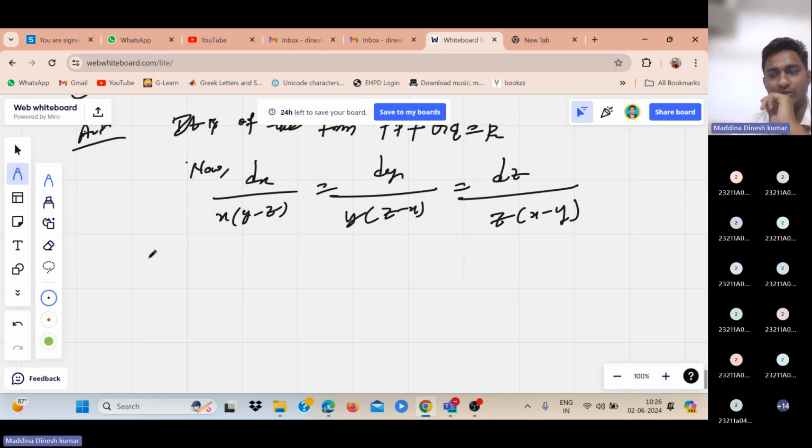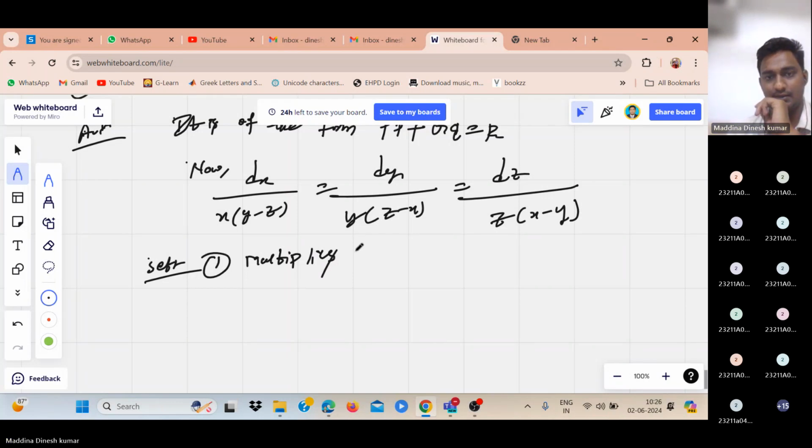Here, choosing set 1 multipliers, 1 by x, comma 1 by y, comma 1 by z.